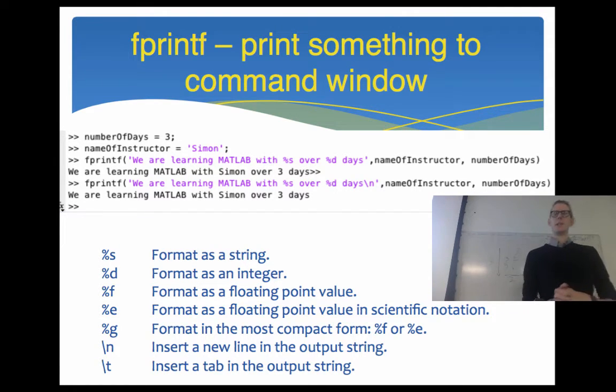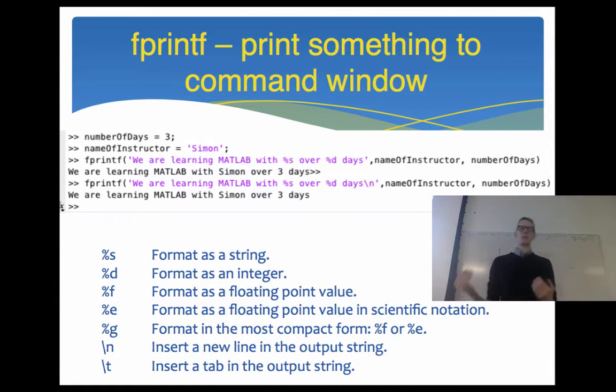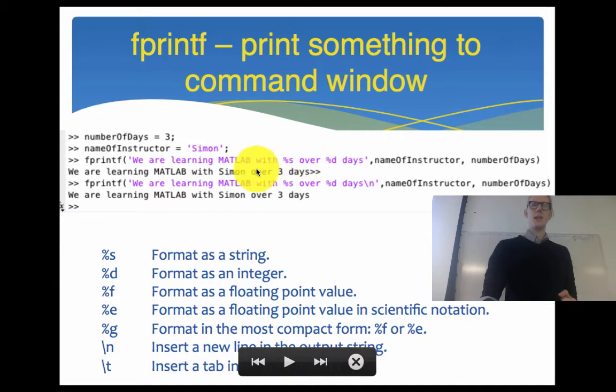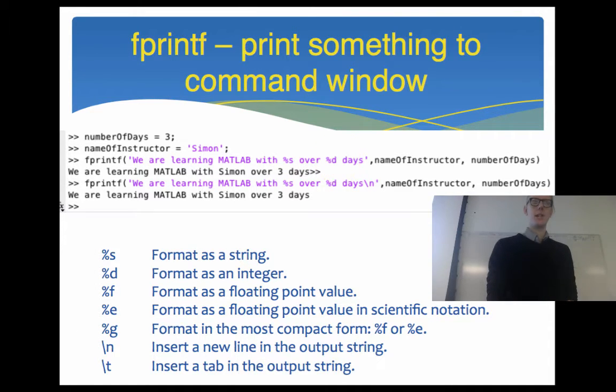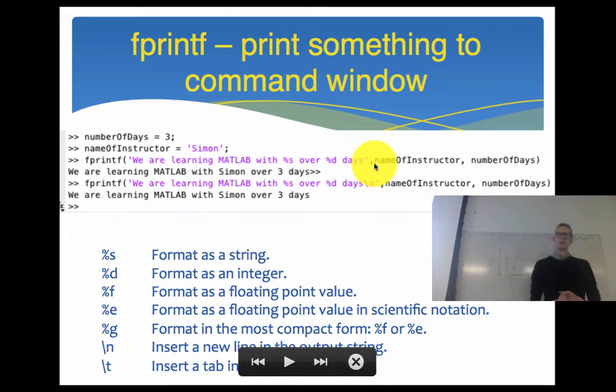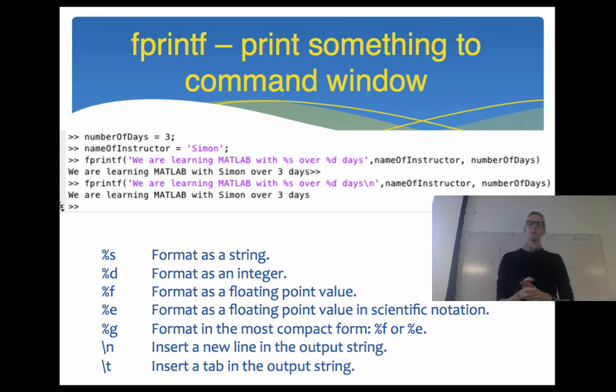Note the order of these is important: the one you list first will be substituted into the first place, and the second one into the second place. So I'm saying that I have %s substituting in some string, %d substituting in some number, specifically an integer number in this case. And you see some of the other examples at the bottom. There's a bunch of them. I'm not going to go into all of them, but you'll use %s and %d quite a lot.